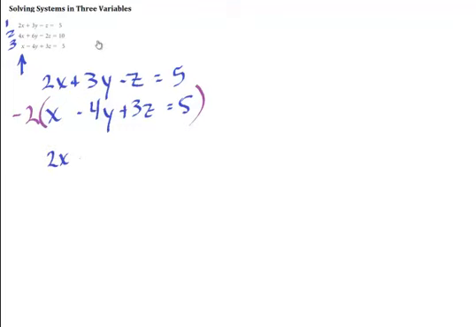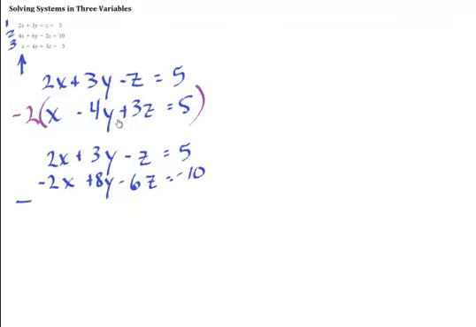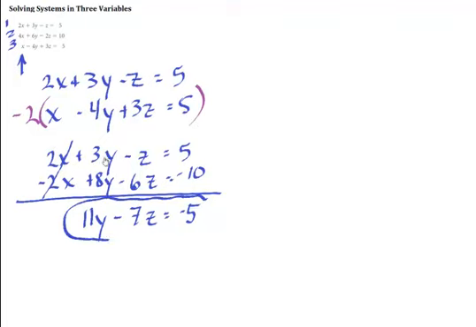So copy down my equation 1 once again, and this should be minus 2x plus 8y minus 6z equals negative 10. Then we get 11y minus 7z equals negative 5. So there's my first new equation.